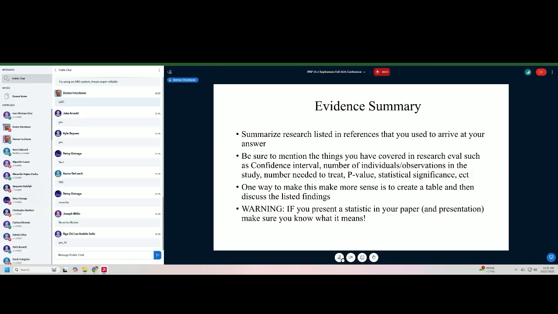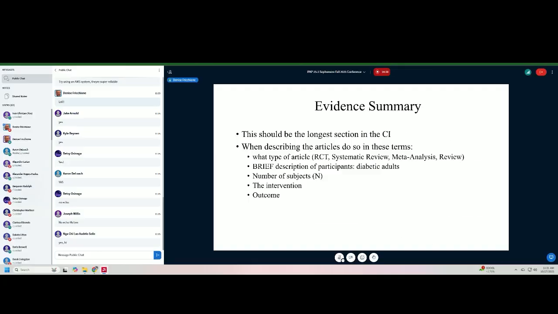A nice way to start this section is to make a table. I showed you one in your freshman semester, and there is one provided in the template. When you describe your literature, you should identify the articles by what kind of study it was.